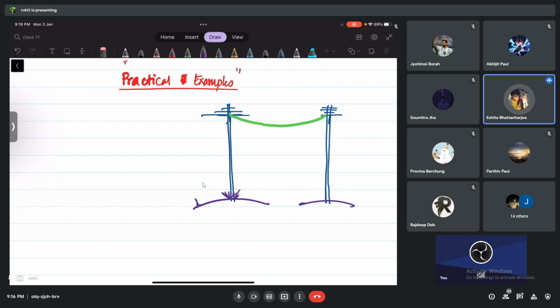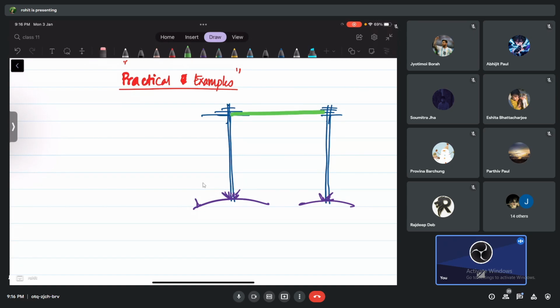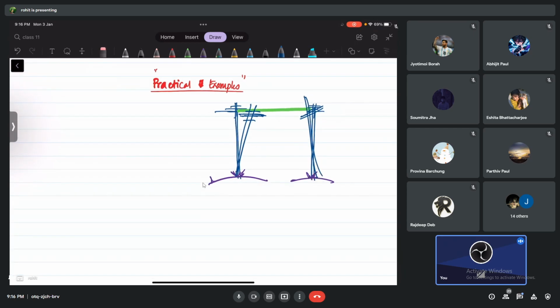During cold weather the wires will undergo contraction, no? So the wire will become very stiff, and you know what will happen? The poles will be drawn towards each other, right?